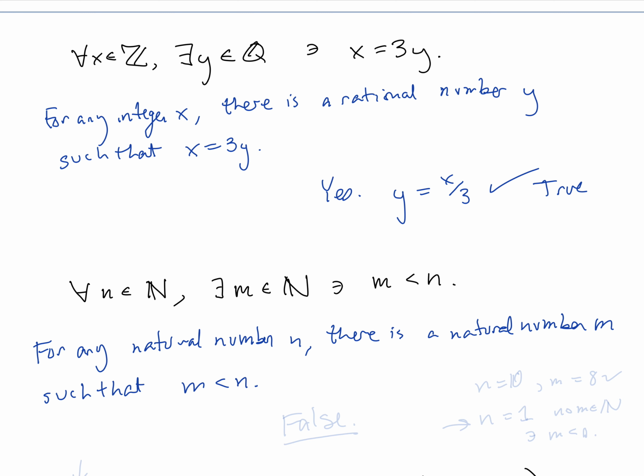We could also read that as for any n in the natural numbers, there is an m in the natural numbers such that m is less than n. Either way is fine. Now, is this a true statement?